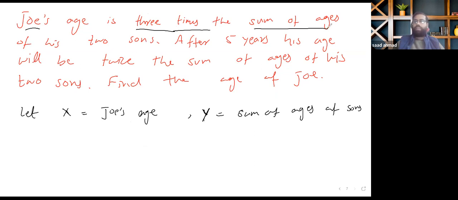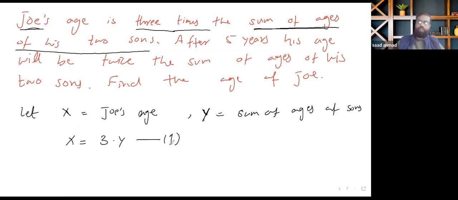The sum of the ages of his 2 sons is y, and so Joe's age is 3 times that. So x equals 3 times y. Let's call this our first equation, equation number 1.